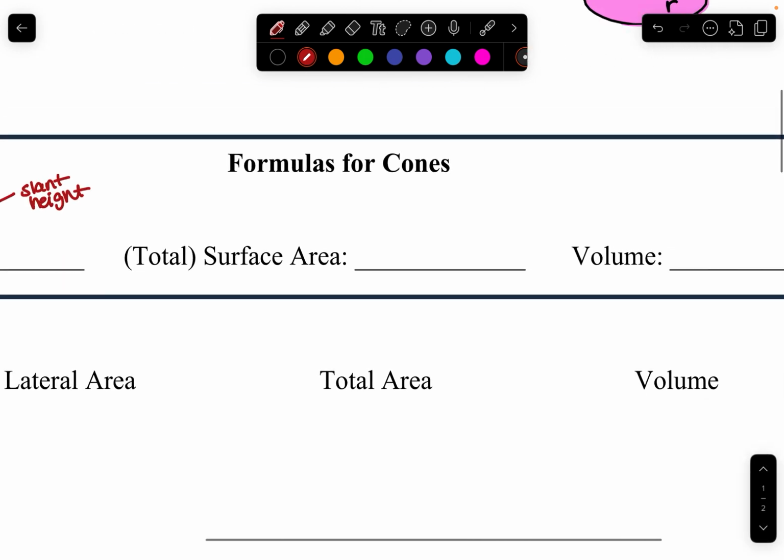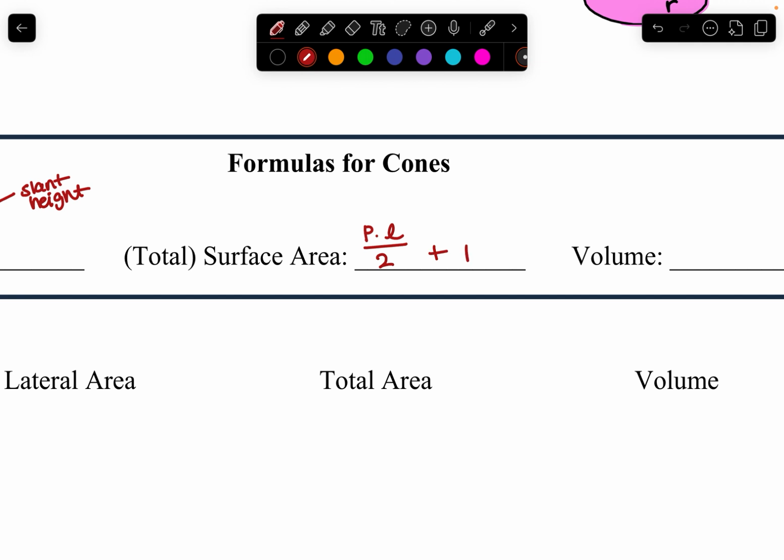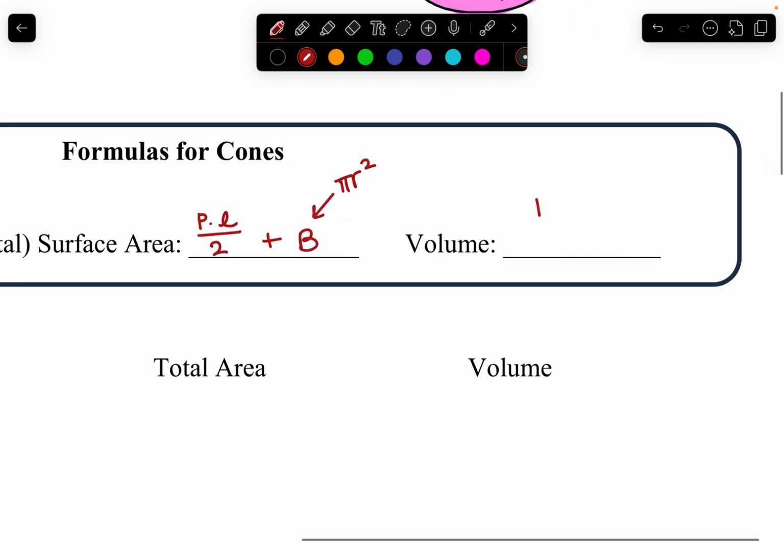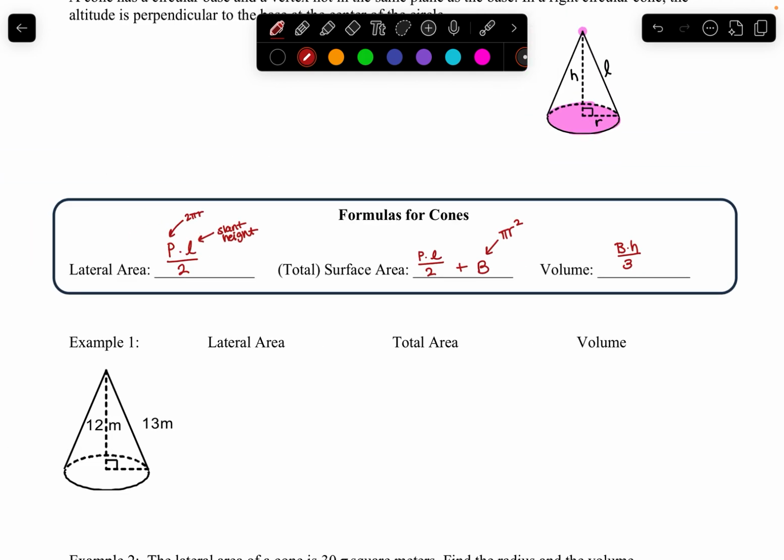So this will be P times L divided by 2 plus 1B, all right? And then big B obviously is the area of the base, and again, your base is a circle, so this will be pi r squared. And then volume is going to be big B times H, but now we're dividing that by 3 because it's volume, all right? And there you go.